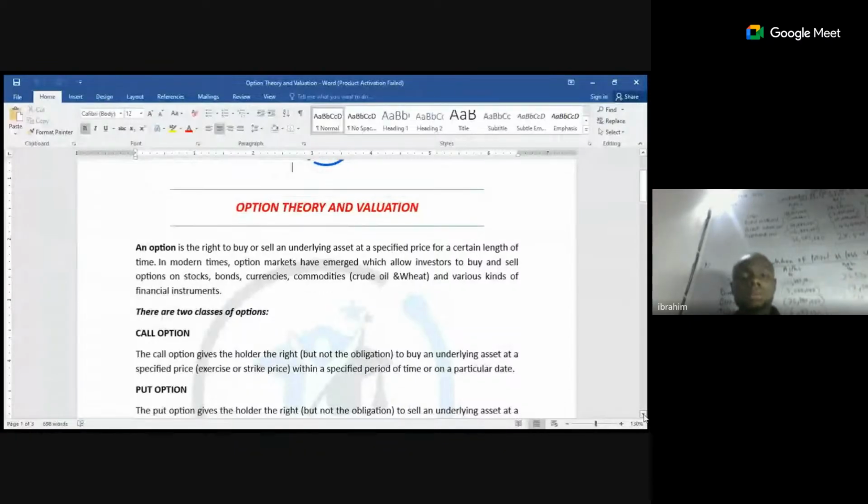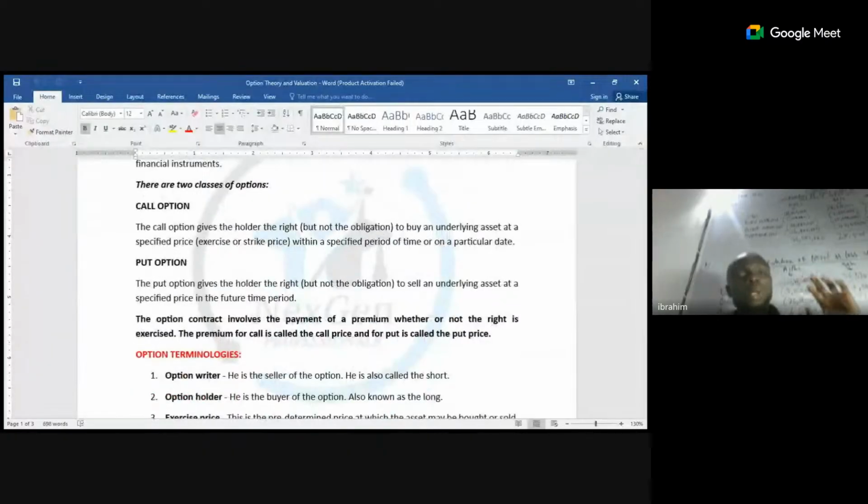what is a put option? A put option gives the holder the right, but not an obligation. It is not compulsory for you to exercise your right to sell an underlying asset at a specified price, which is the exercise price, in the future or at a specific period.